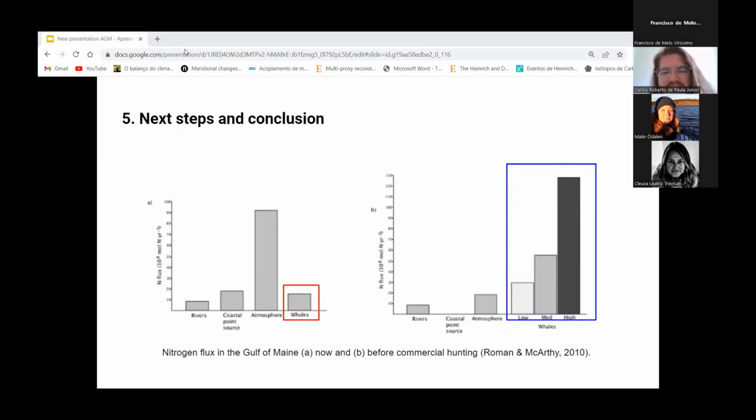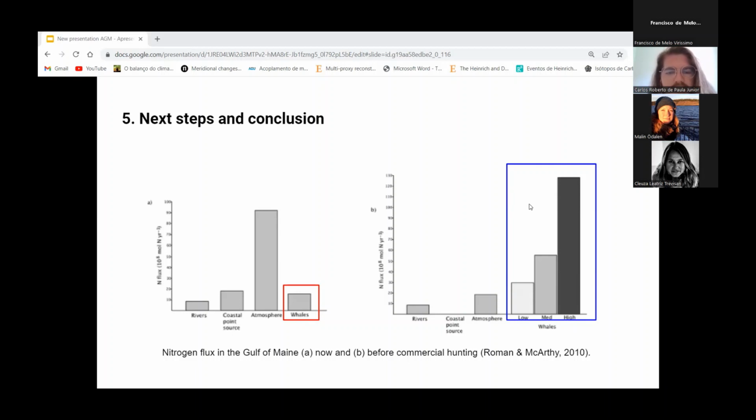Some research indicates the importance of cachalot whales to biogeochemical cycles, and here as an example, the authors show the sperm whales were as important as river runoff for nutrient supply in the Gulf of Maine in periods before the species was hunted, highlighted in blue in the graph.